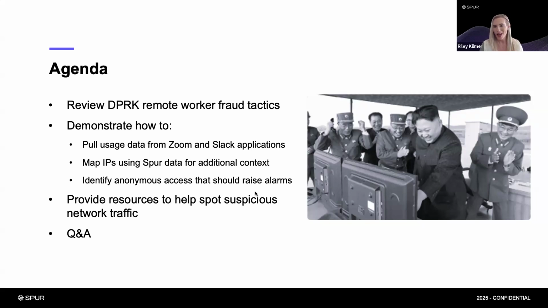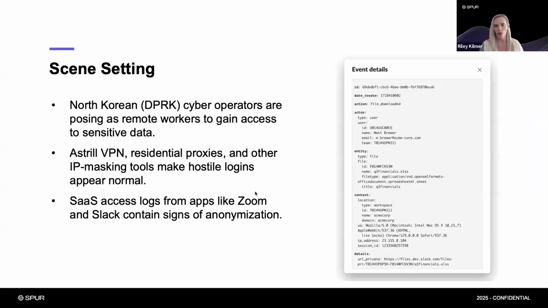Not everything that's anonymous is going to necessarily escalate to something that you care about. So that's something I want to talk about a little first. Just because Astrill VPN shows up in your logs doesn't mean that you have a real problem. Astrill VPN is incredibly popular for escaping the Great Firewall.